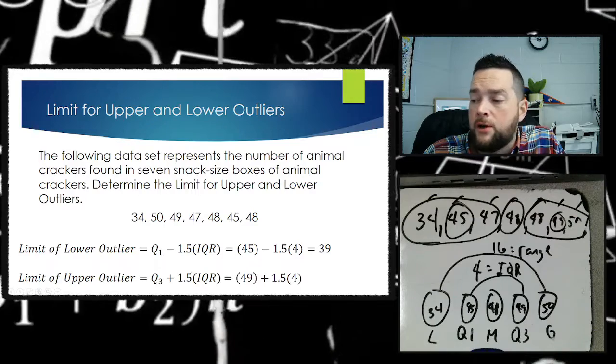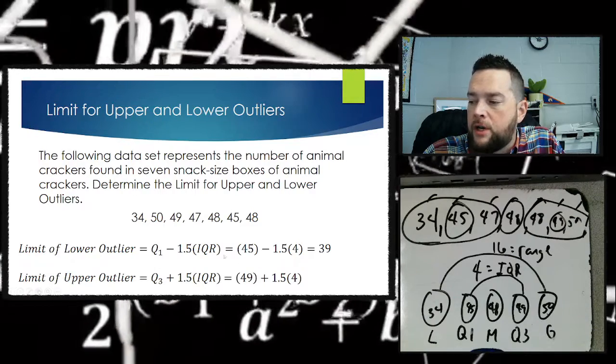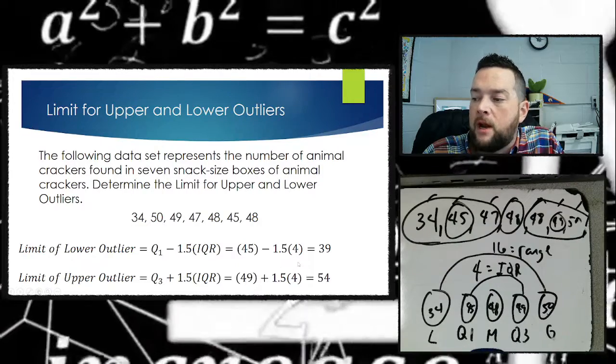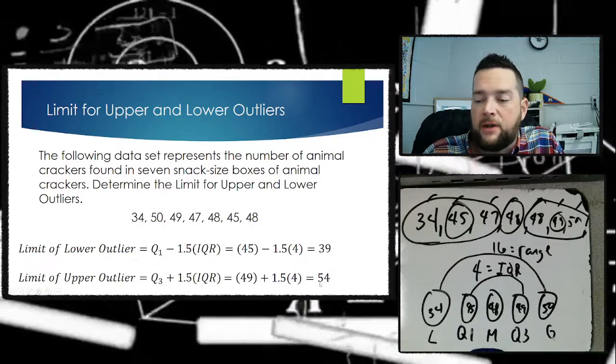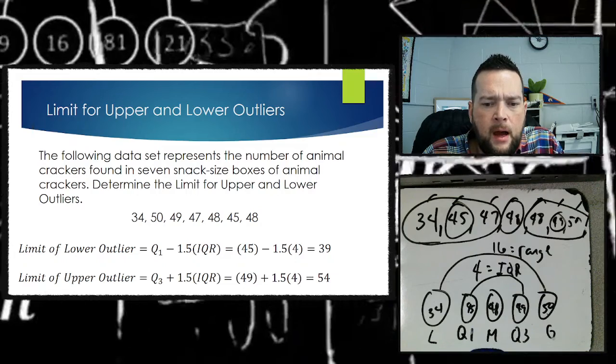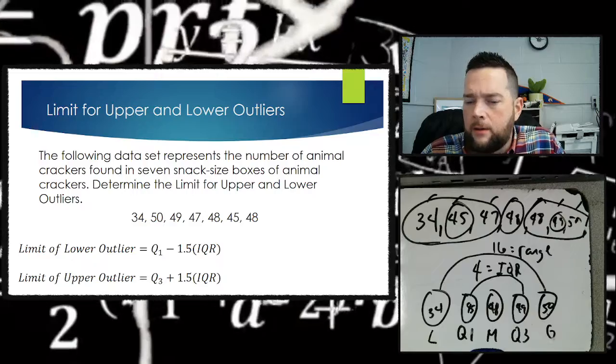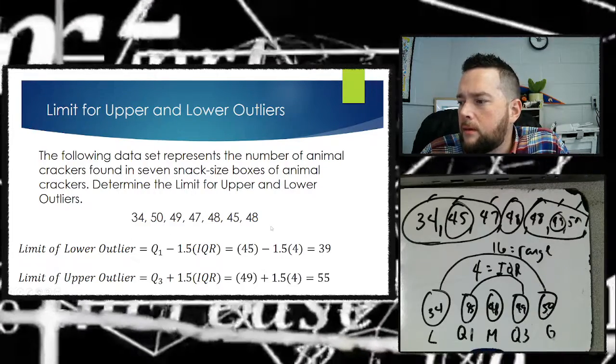When we go to solve this, we know we have to do multiplication before addition. So we have 1.5 times 4, that's 6, and 6 plus 49, that's 55. That should say 55 right there. I had a typo on that. I just fixed it.